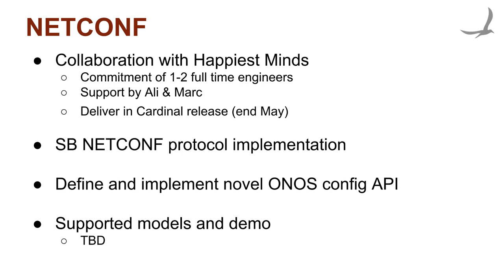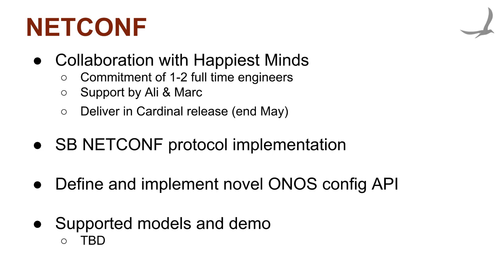The idea is that they will do the implementation of a southbound NetConf protocol and deliver that by the Cardinal release, so end of May. Ali and I will follow up and help them figure out where to do what in ONOS.